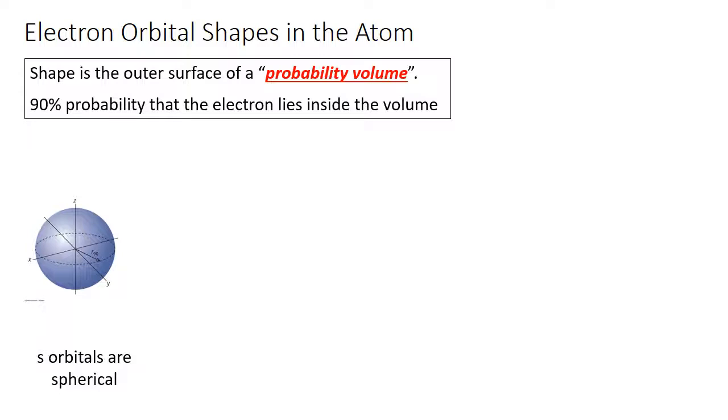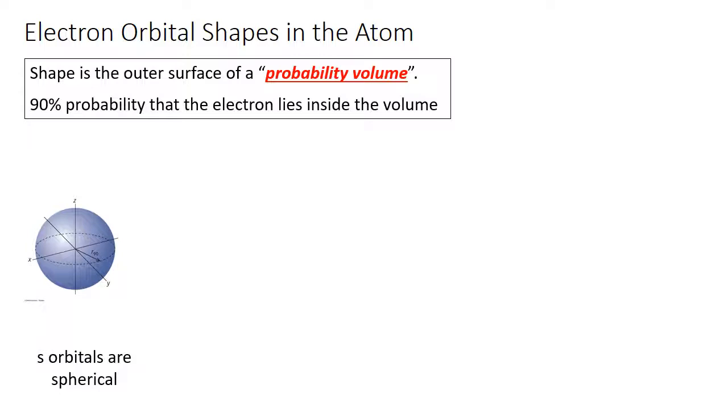Now let's make sure we understand exactly what we mean when we say a spherical shape. Remember that we only know where the electron exists in the atom with some sort of fuzzy probability. So what this shape represents is a volume in which we are 90% certain the electron exists.